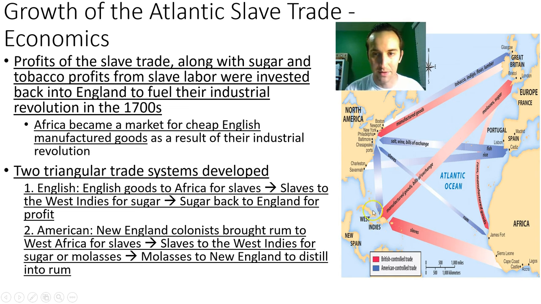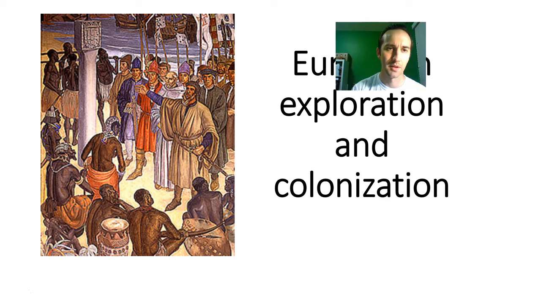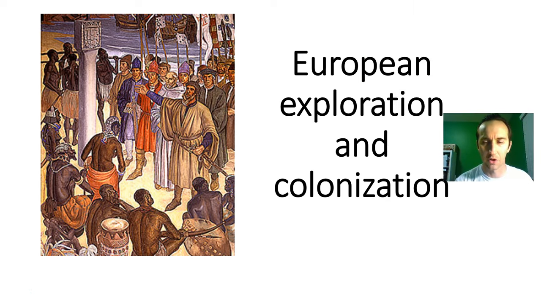And so we've got this molasses network into rum, into slaves, all back and forth. And it's making a whole lot of money for the Americans and for the Europeans. And so that was a little look at this transition period as Europeans and Americans started to enter and work with and work against the Africans.